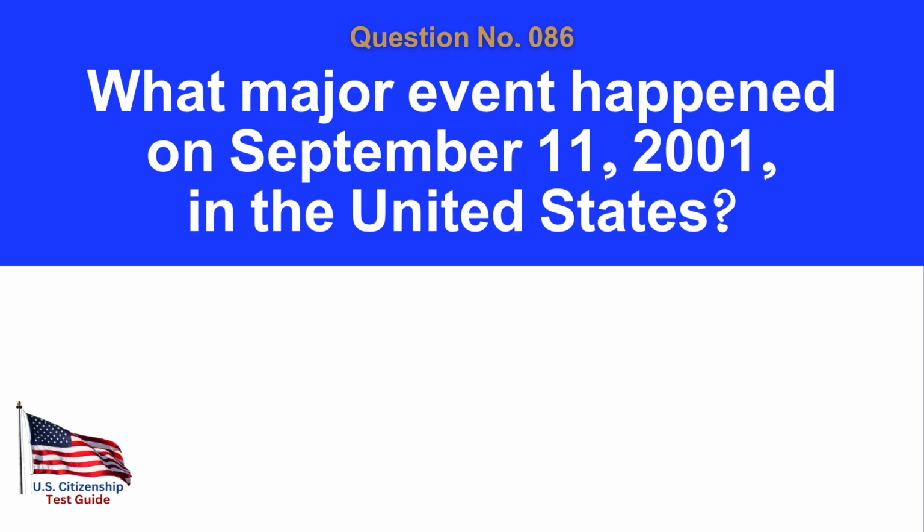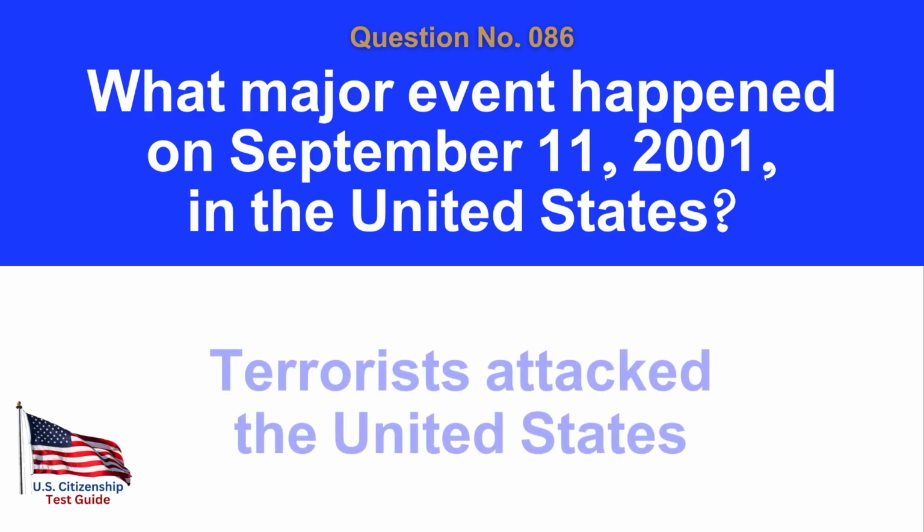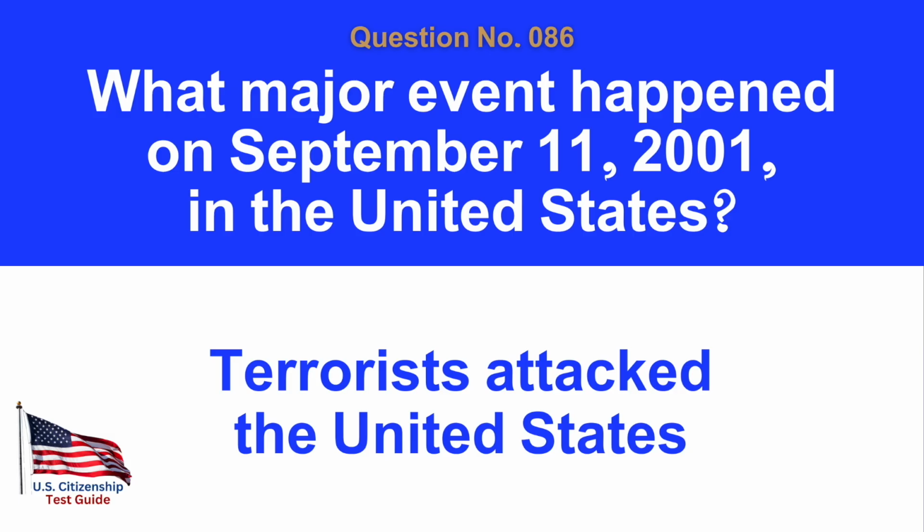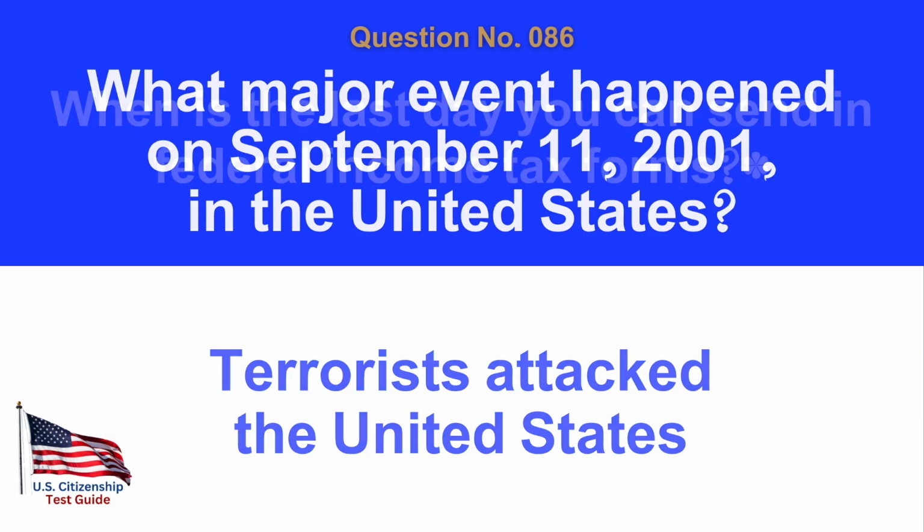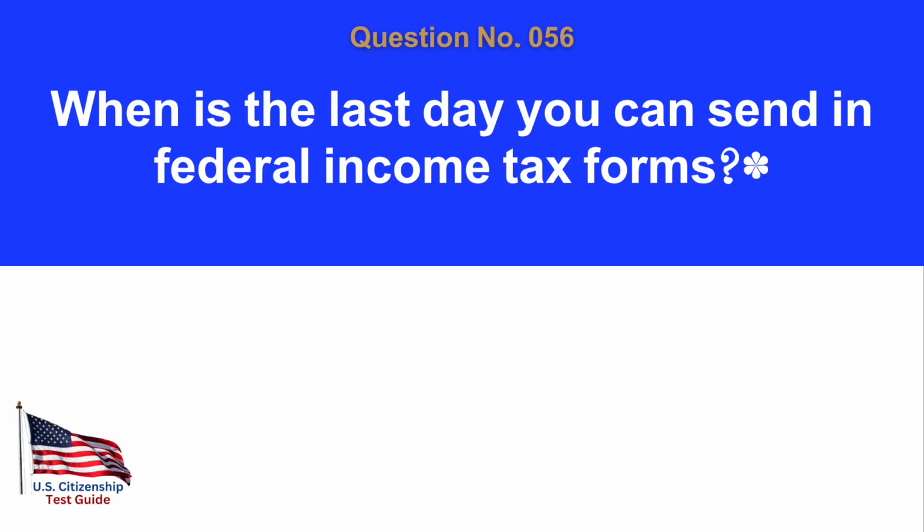What major event happened on September 11, 2001 in the United States? Terrorists attacked the United States. When is the last day you can send in federal income tax forms?